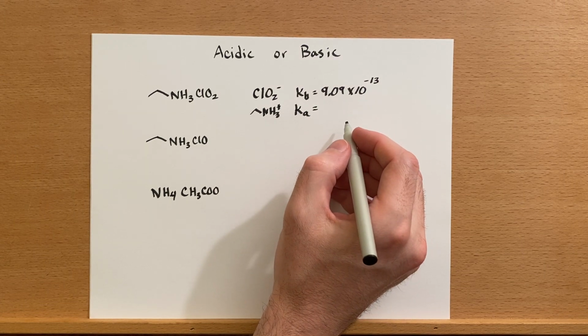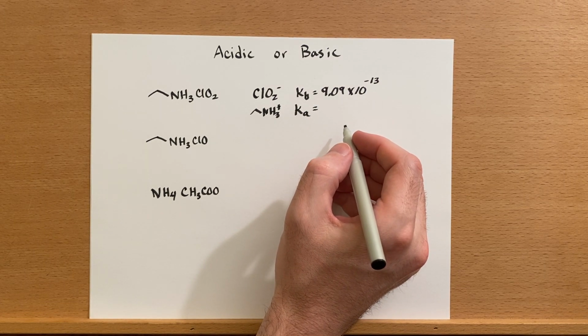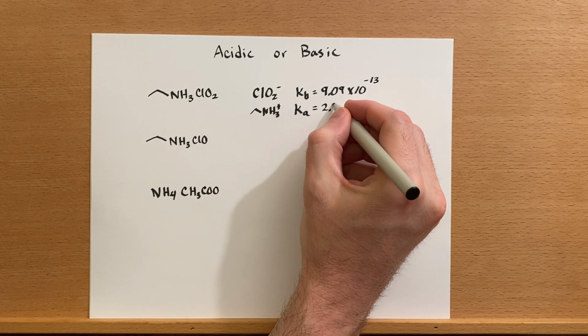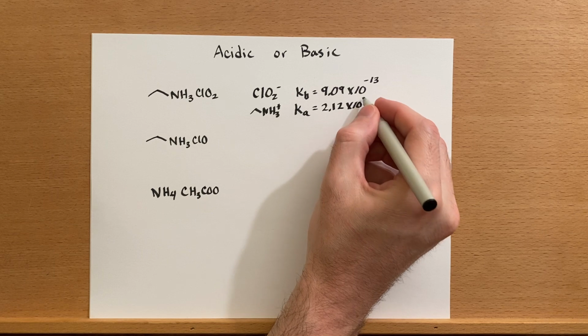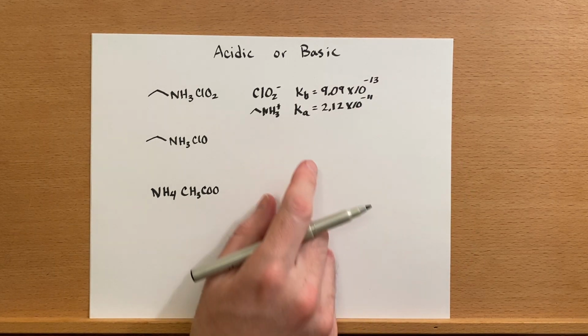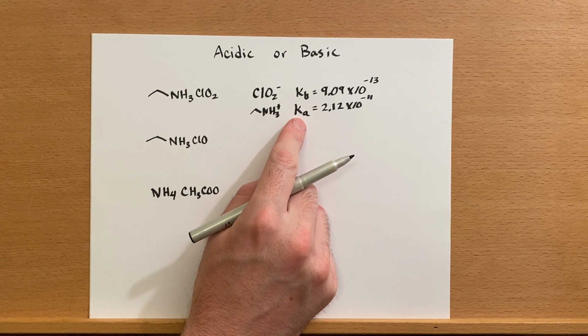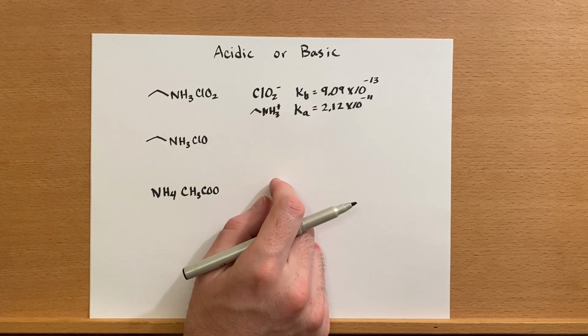And that Ka is 2.12 times 10 to the minus 11. Both of these are quite weak. This isn't the best acid, and that's not a very good base.